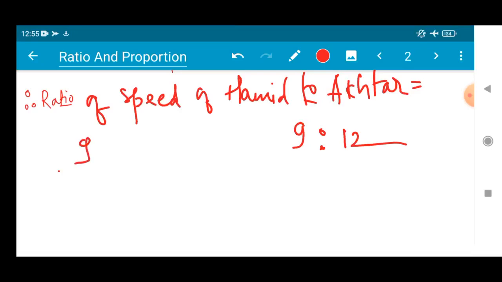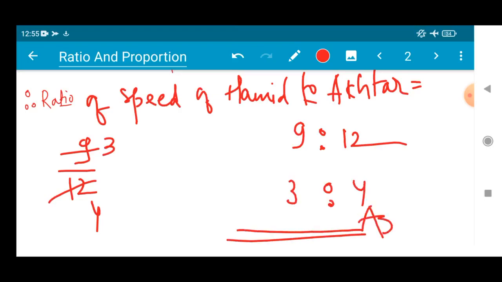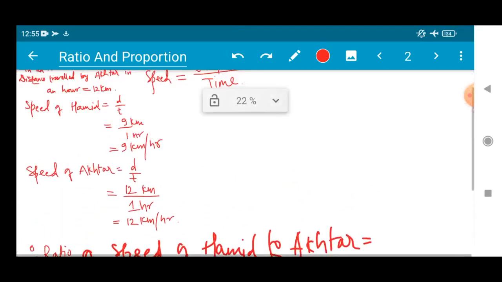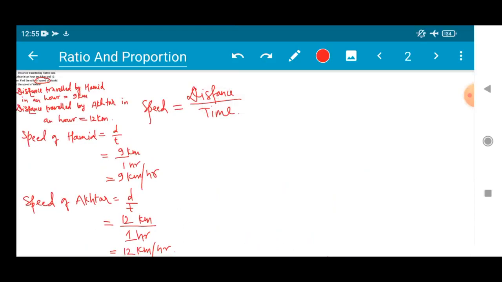So this can be written as 9 by 12. 3 3s are 9, 3 4s are 12. So the ratio is 3:4. Very simple thing, right? Further it cannot be reduced, so the value will be 3:4. Okay, so I hope you guys understood. This is the way of solving.